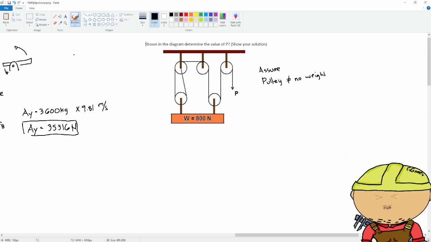800 Newton. Now, in the diagram, we could just name it tension 1 and tension 2. And it seems in the diagram that tension 1 and tension 2 are equal in distance, so I could say that tension 1 and tension 2 will be 800 Newton each.